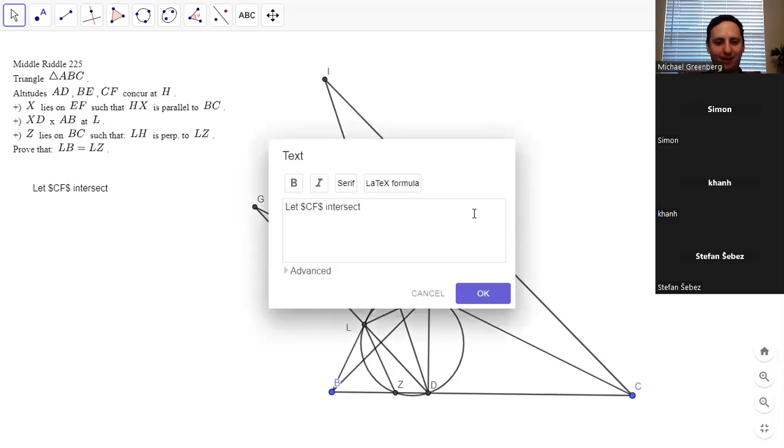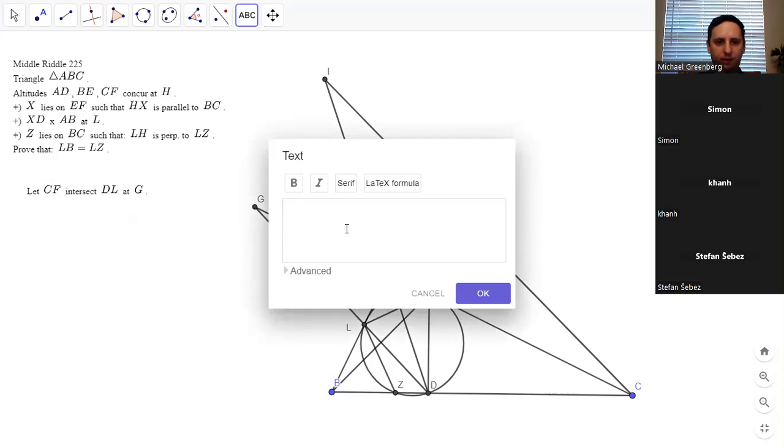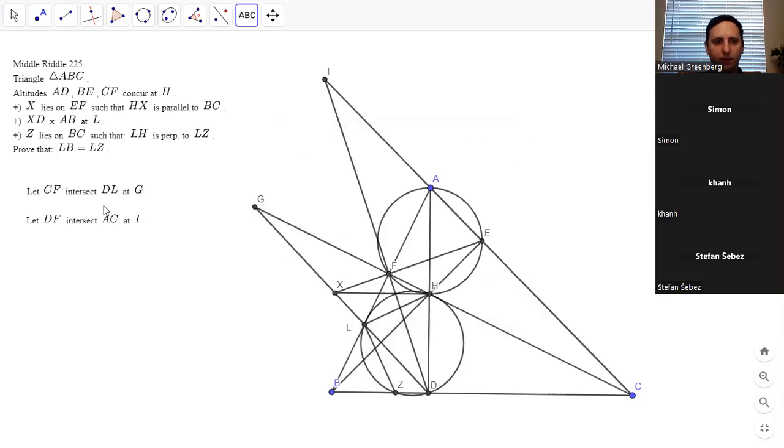All right. So let CF intersect DL at G and let DF intersect AC at I. All right.